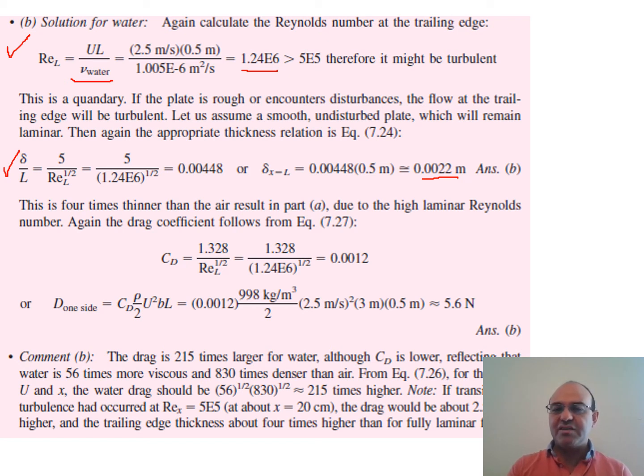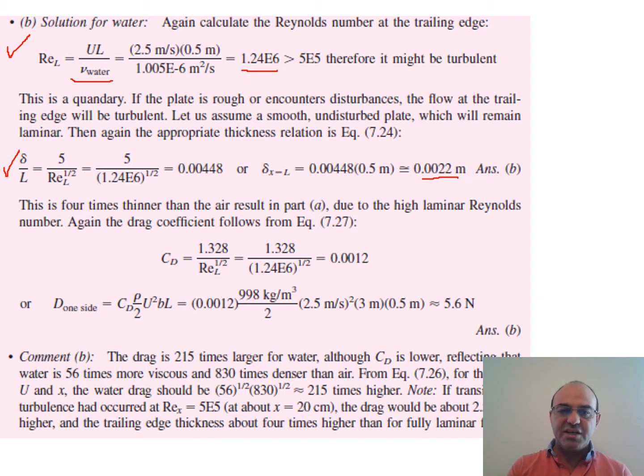In the case of water it is 2.2. So this is 4 times thinner than the air result in part A, due to the higher Reynolds number. Because the Reynolds number in this case was higher for water, and the higher the Reynolds number, the thinner the boundary layer.